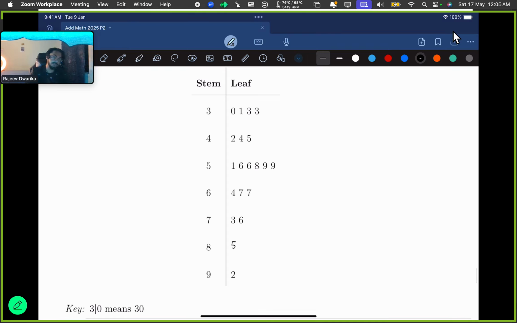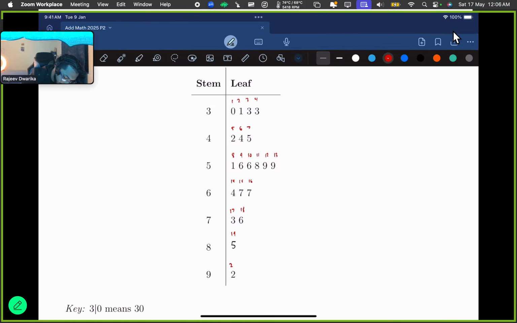Make sure it's good. 0, 1, 3, 3, 2, 4, 5, 1, 6, 8, 9, 9, 4, 7, 7, 3, 6, 5, 2. That good? Yes. Alright, so let me just number it. This is 1, 2, 3, 4, 5, 6, 7, 9, 10, 11, 12, 13, 14, 15, 16, 17, 18, 19.